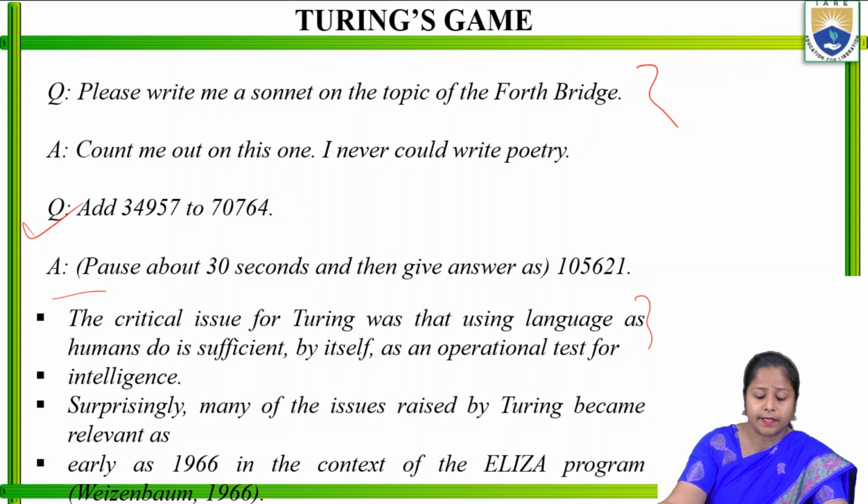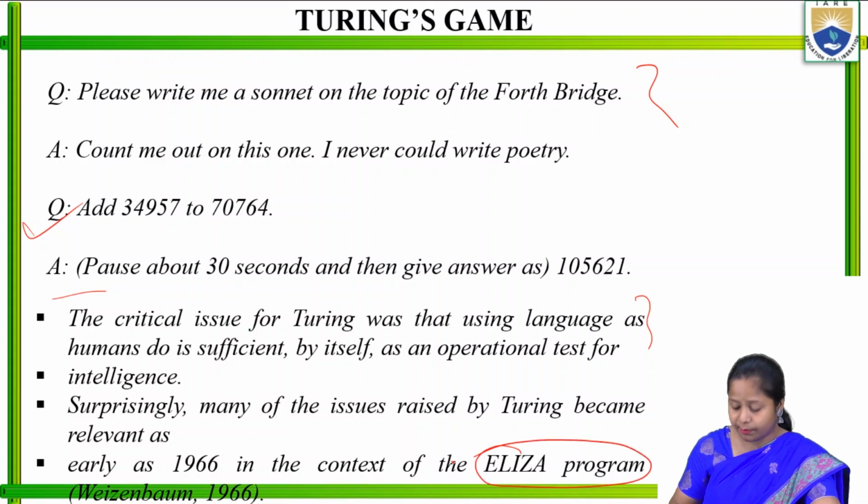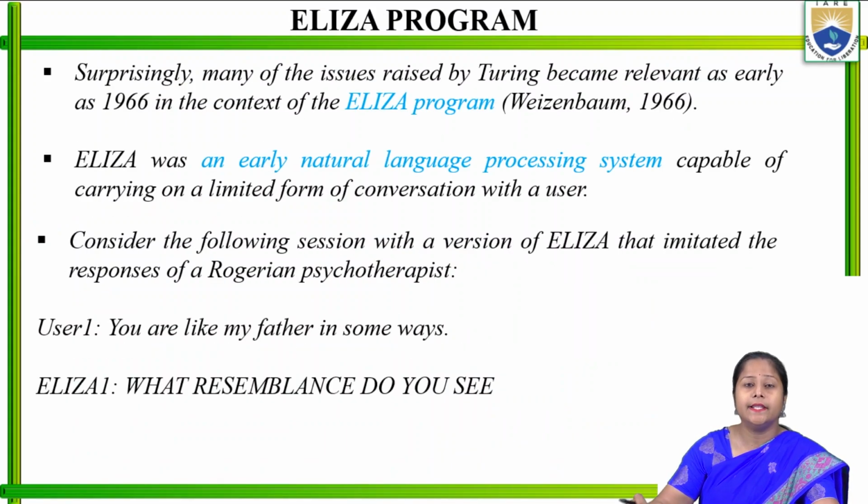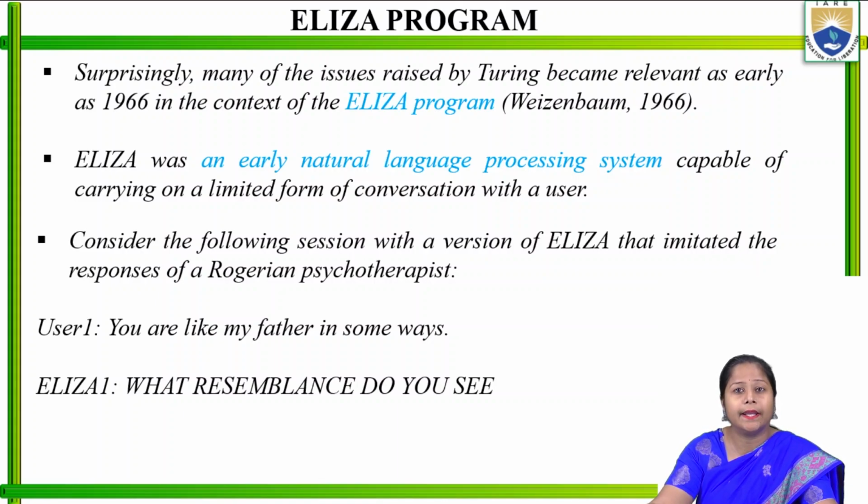So what was the ELIZA program? ELIZA was an early natural language processing system, capable of carrying on a limited form of conversation with the user, so that the system interacted with the user as a human does.